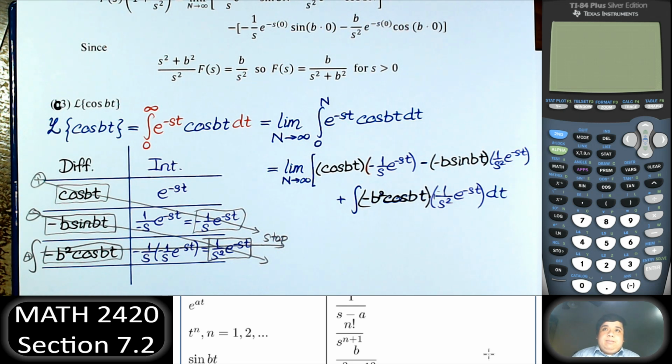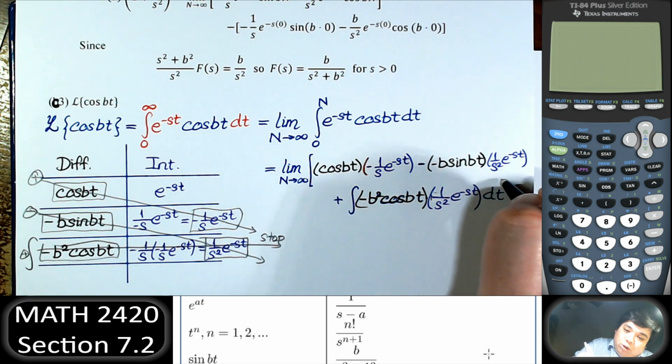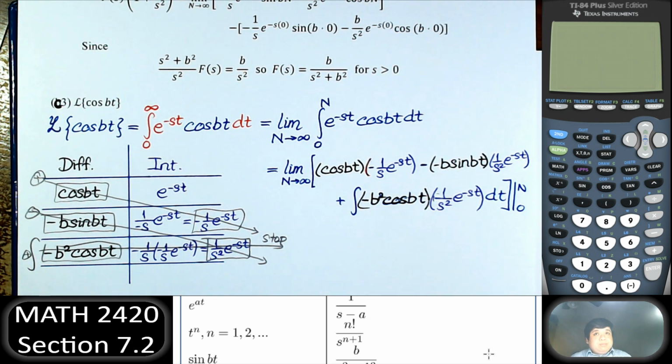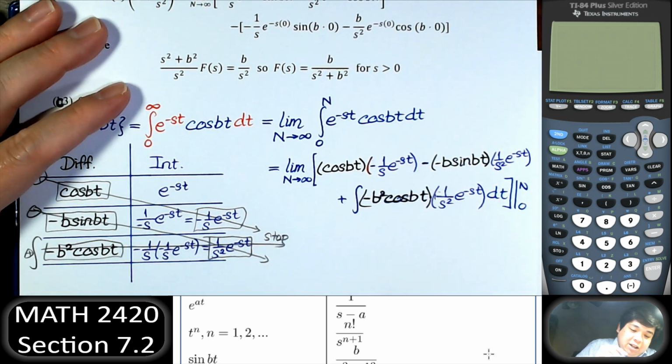I should put the integral there and have it go from 0 to n. Now let's simplify this a little bit.